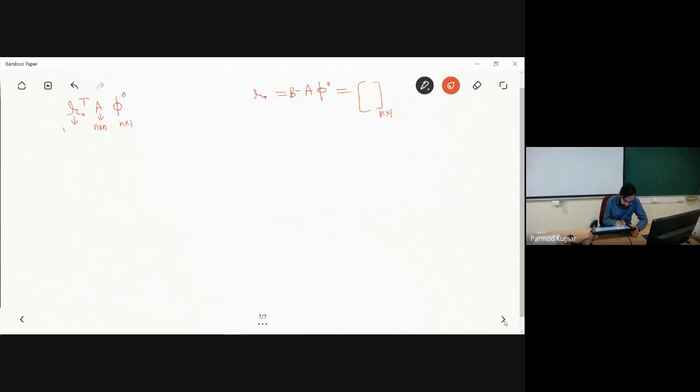So r naught transpose will be 1 cross N. So finally this entire multiplication will result in nothing but a scalar value.